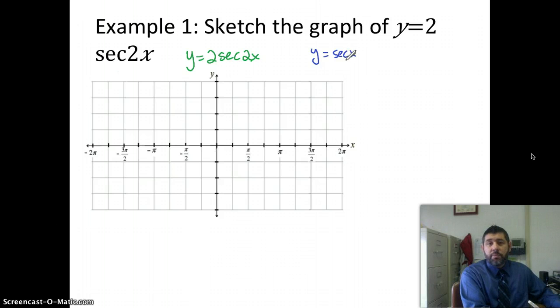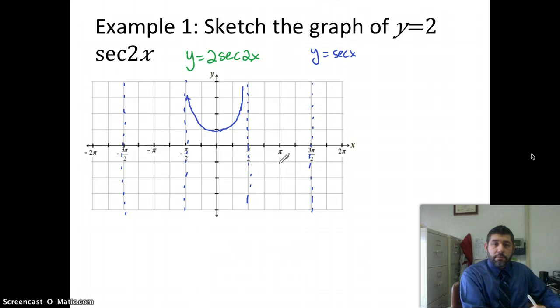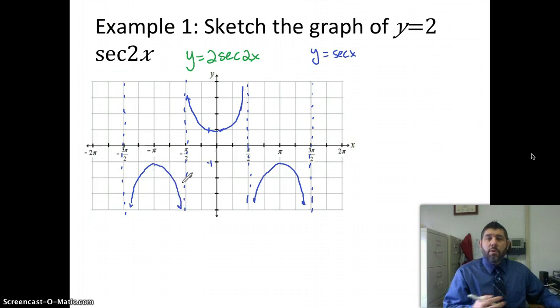And so if you want to rewind and go see that again, secant x is 1 over cosine, so we're going to have vertical asymptotes at pi over 2 and negative pi over 2, and then every pi distance after that. And secant looks like this. For the purposes of this one, these are 1 and negative 1. Okay. So this is our parent graph secant.